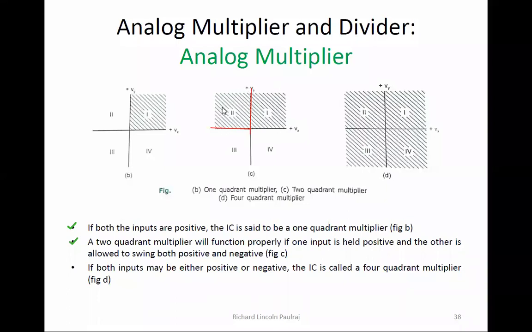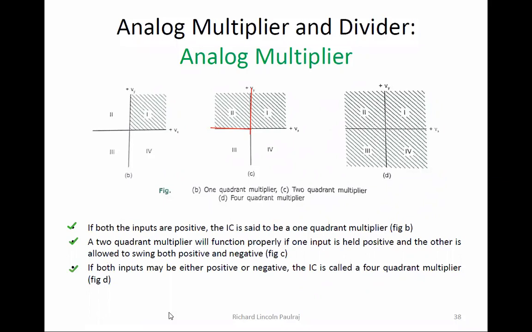Then it occupies two quadrants. Now if both have two combinations, then it is occupying all four quadrants. So if both the inputs may either be positive or negative, the IC is called a four quadrant multiplier, which is in figure B, right?